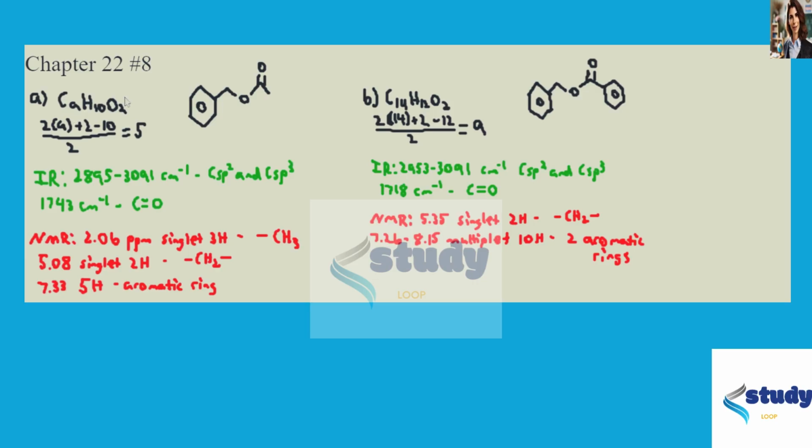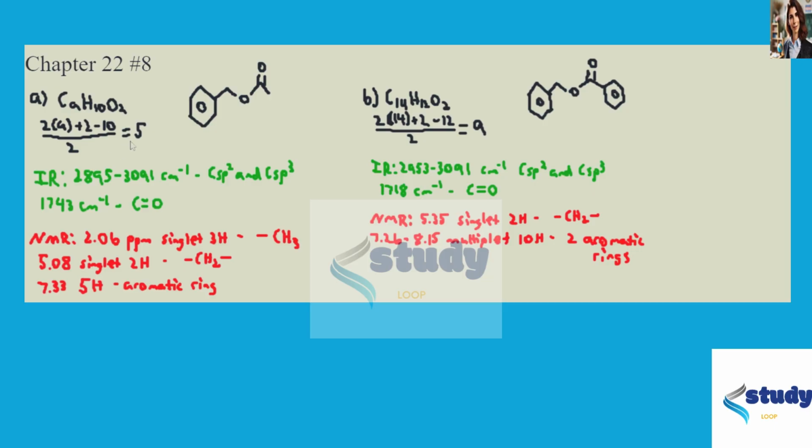The hydrogen deficiency index, if you remember from earlier chapters, tells you how many rings and/or double bonds a molecule has. Without nitrogens or halogens, the simplified formula for calculating hydrogen deficiency index is 2 times the number of carbons plus 2 minus the number of hydrogens, all divided by 2.